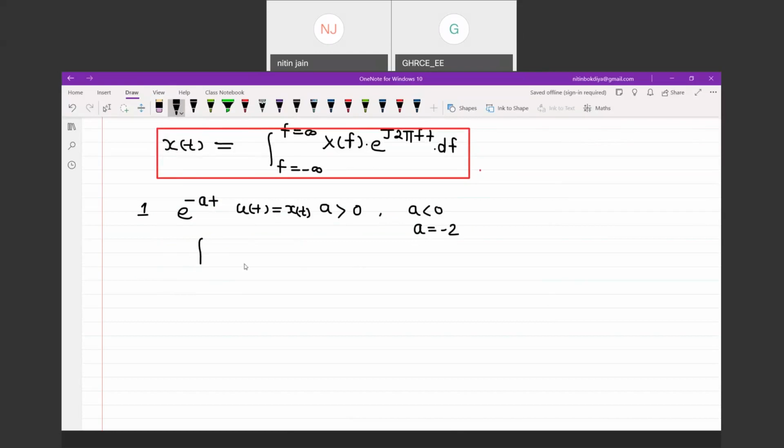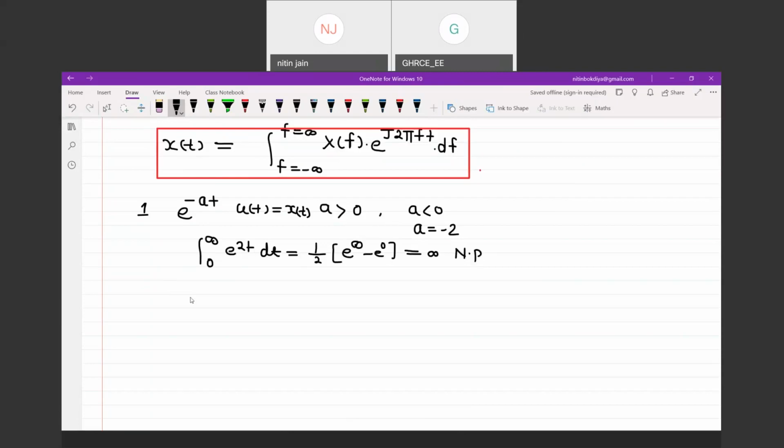Then you calculate 0 to infinity, e to the power 2t into dt. This is 1 by 2 into e to the power infinity minus e to the power 0, which is equivalent to infinity. So for a less than 0, the Fourier transform is not possible.